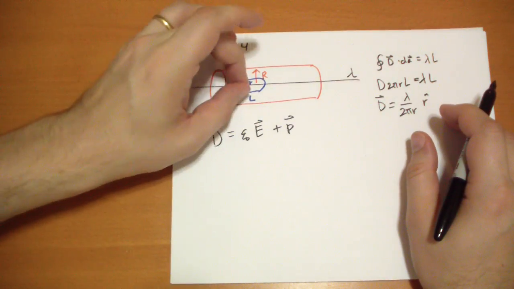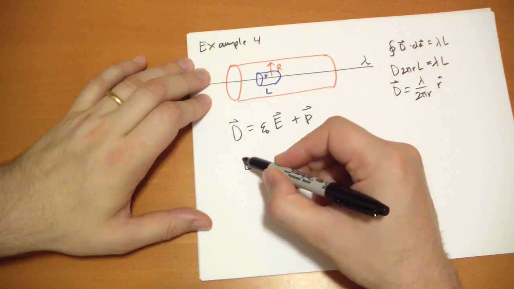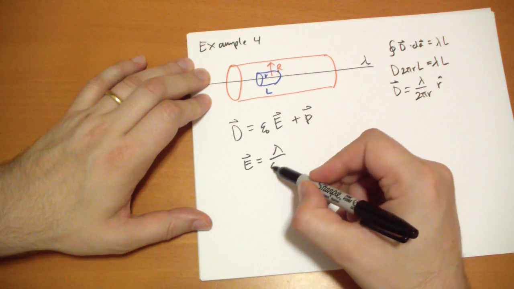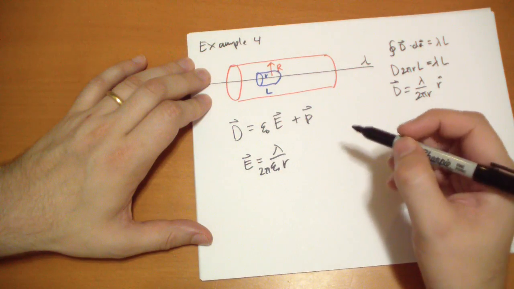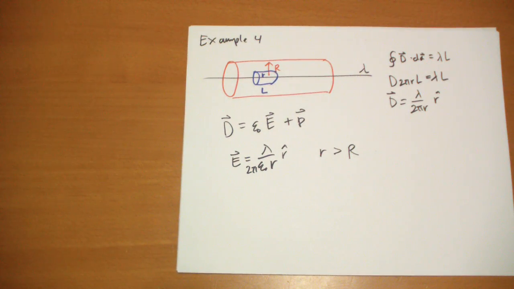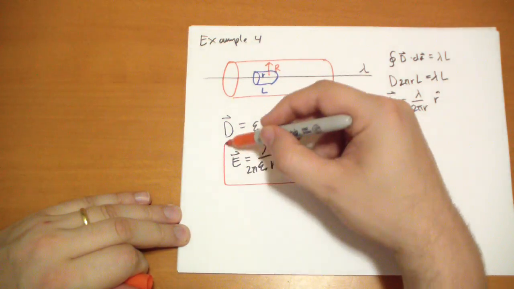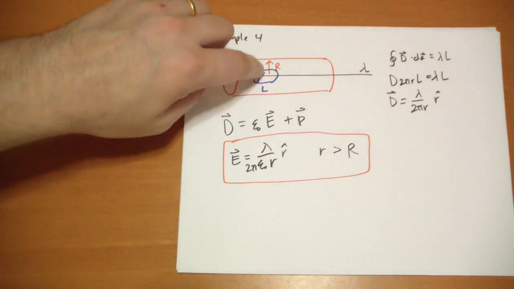Well, on the outside, this P vector goes to 0, so we get the E vector on the outside is equal to lambda over 2 pi epsilon naught r in the r hat direction, where r is greater than the radius. Okay, so we can calculate the electric field on the outside there, and it's kind of interesting that it has nothing to do with how the charge is allocated on the inside, which wouldn't surprise you, because the insulator doesn't carry a net charge, and so the net charge is only whatever is enclosed by that line.